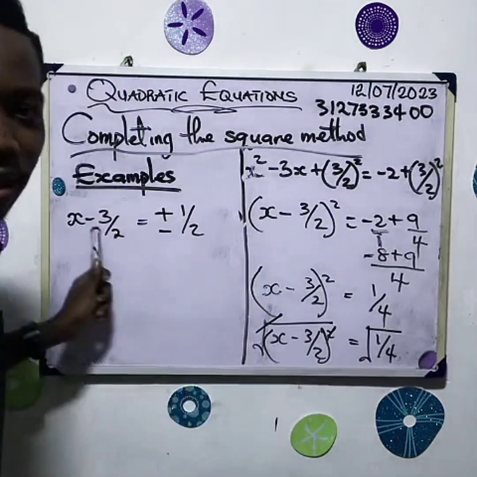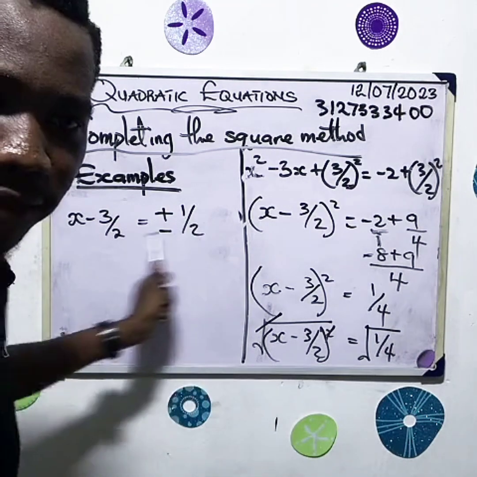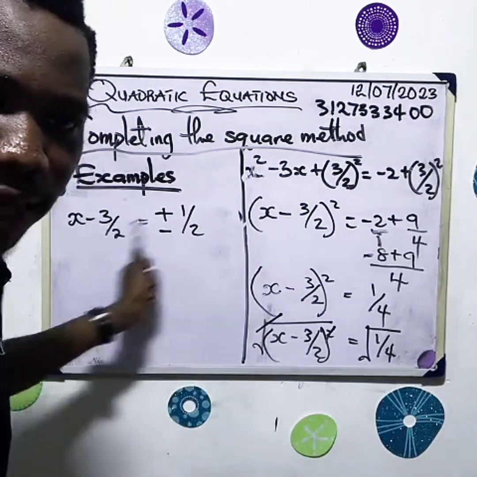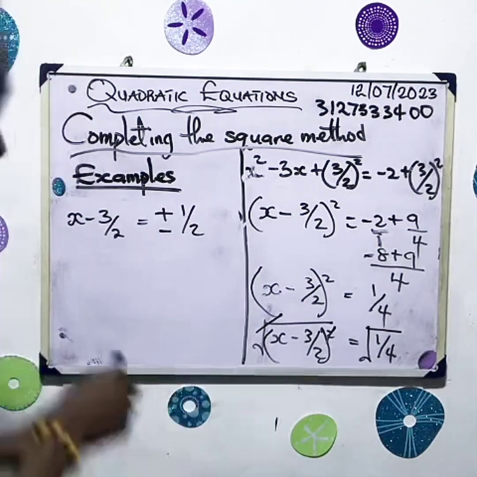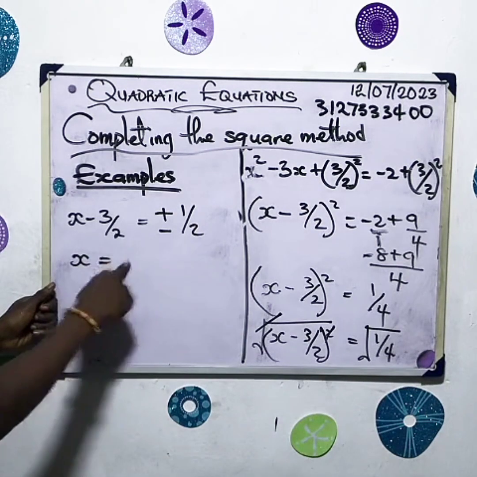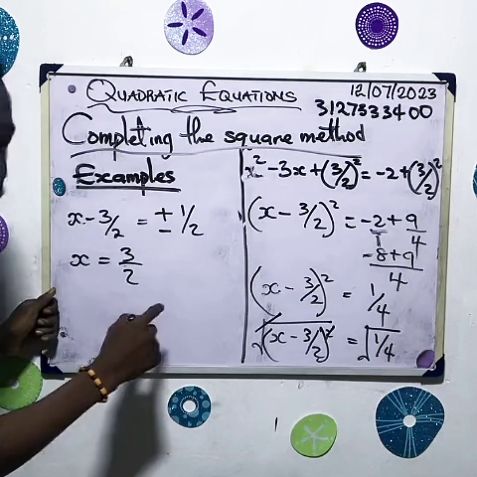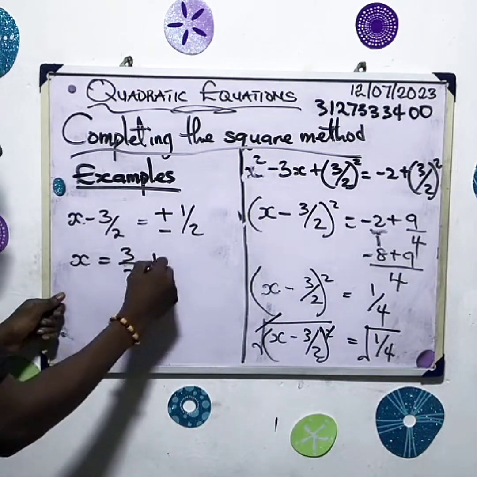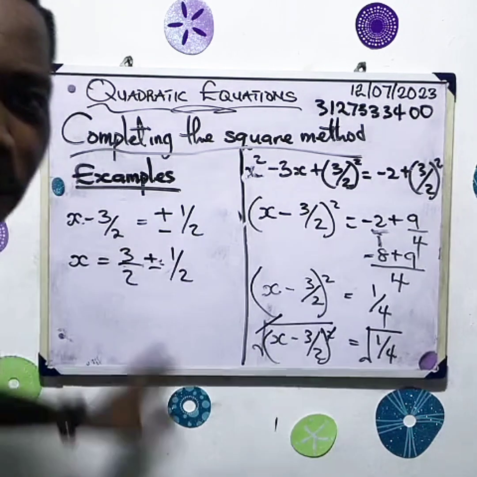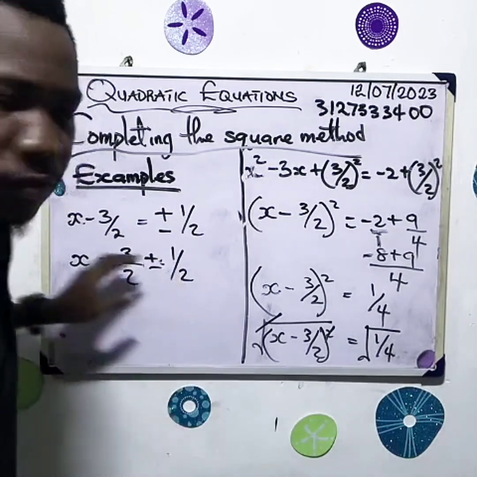Now, what's the next thing? We need the value of x. So we're going to collect like terms. Our minus 3 over 2 comes over, which means we are going to be adding 3 over 2 to both sides. And then x will be equal to 3 over 2 plus or minus 1 over 2.